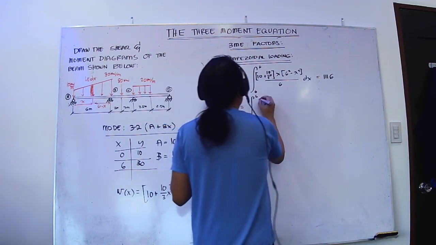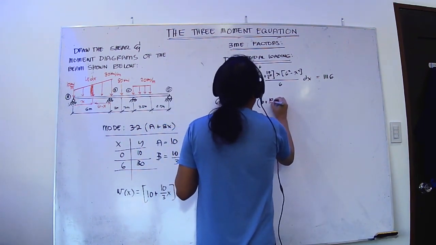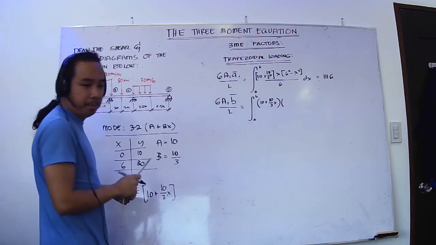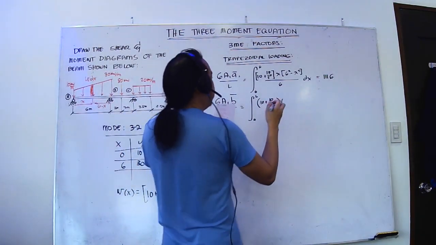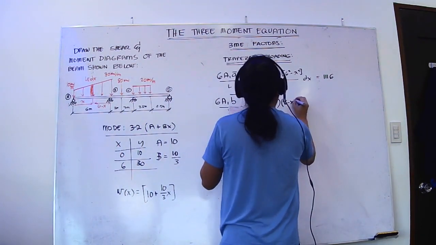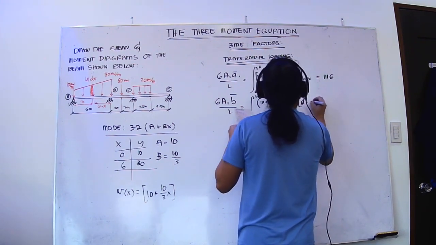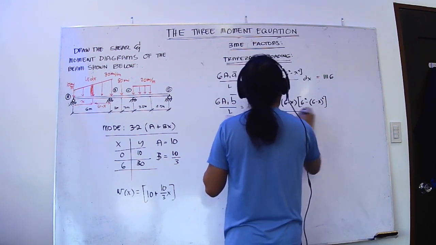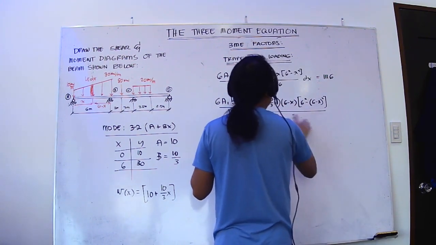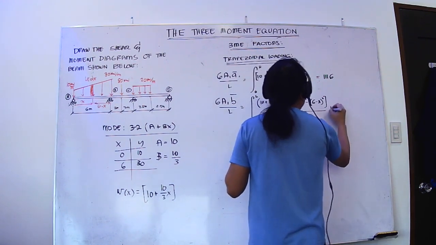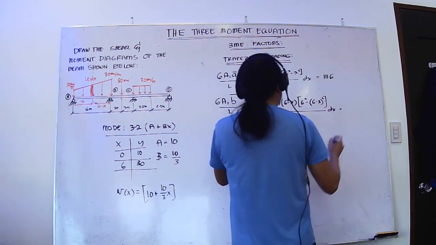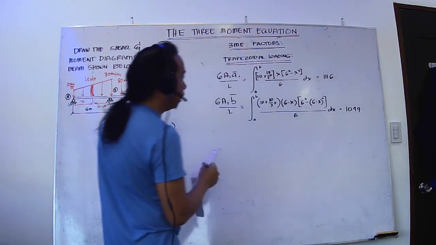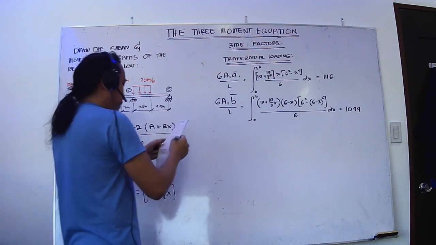It is basically the same thing, we just interchange the roles of B and A. Our B is equal to 6 minus x. 6 squared minus (6 minus x) squared, divided by L, which is equal to 6, dx. Now that should be equal to that.